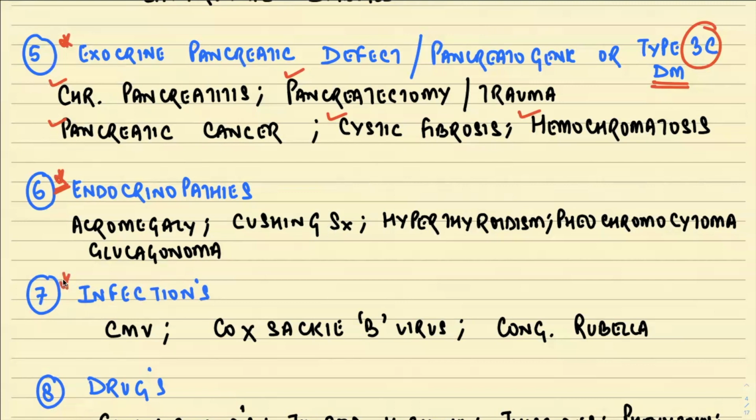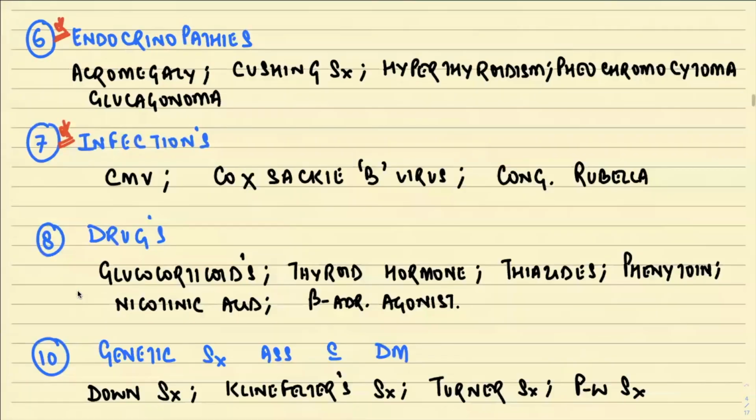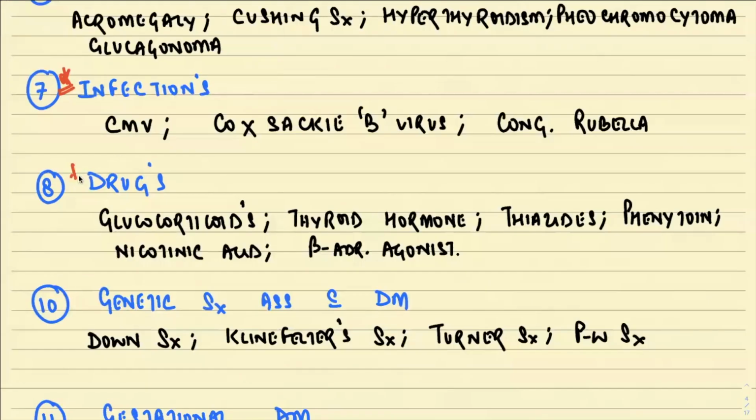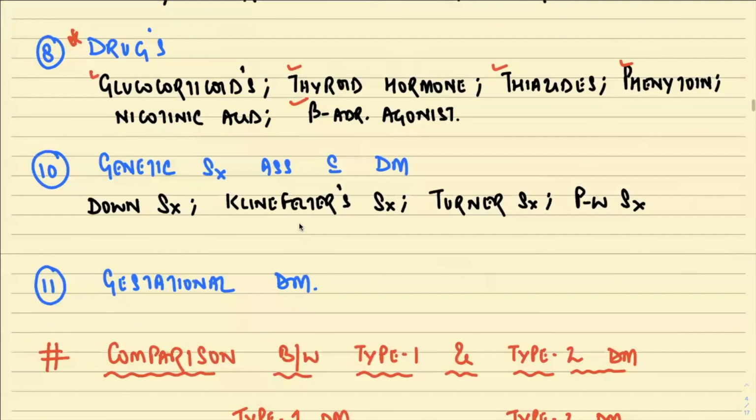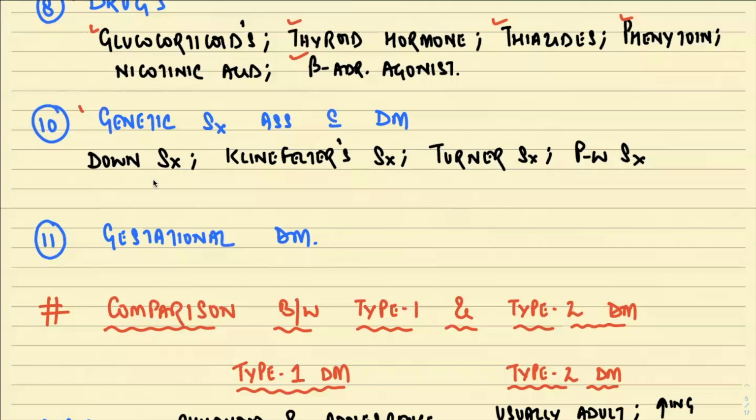Then certain infections can predispose, like cytomegalovirus, Coxsackie B virus, and congenital rubella. The 8th type is drug-induced diabetes mellitus, especially the steroids, the glucocorticoids, thyroid hormone, thiazides, phenytoin, nicotinic acid, and beta-adrenergic agonists like salbutamol that we use. Genetic syndromes associated with diabetes mellitus are very important.